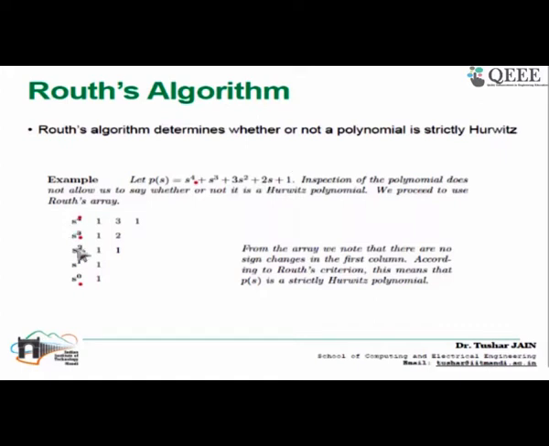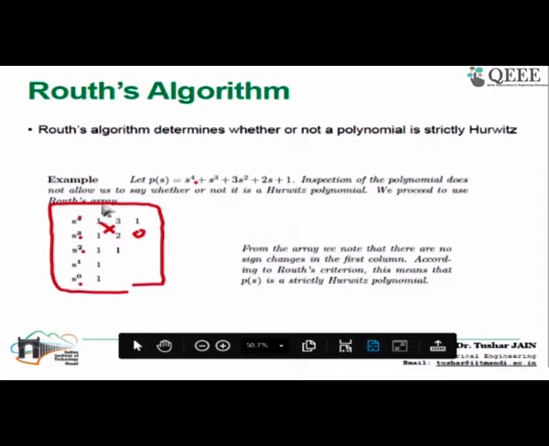The remaining rows are computed using the formula. For s squared: 1 times 3 minus 2 times 1, divided by 1, which gives me 1. Similarly for this one, 1 times 1 minus 0 (here you can assume 0), divided by 1, gives me 1. Similarly we proceed further to write the complete table.